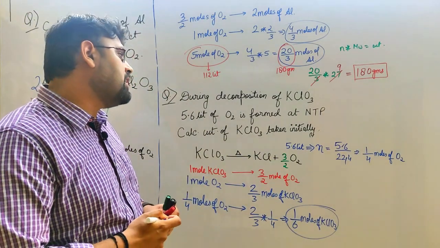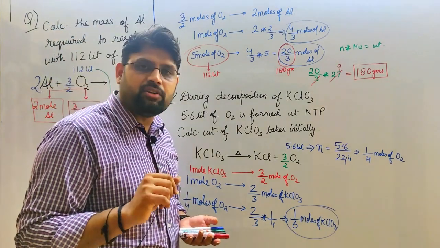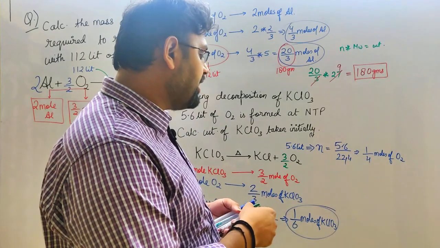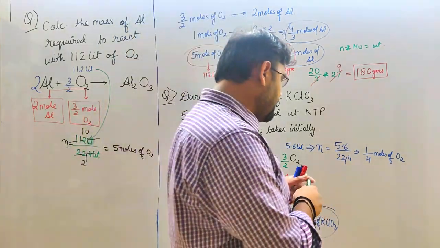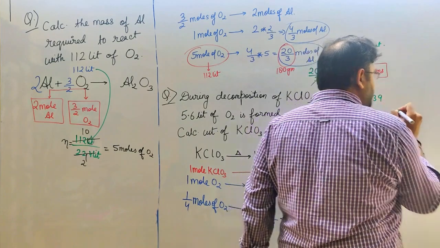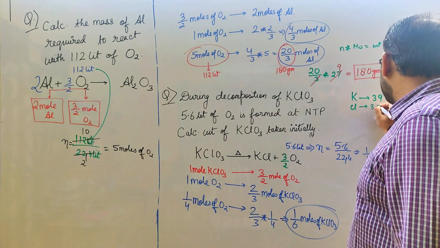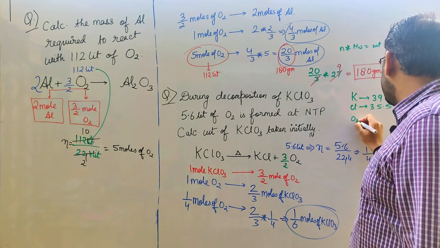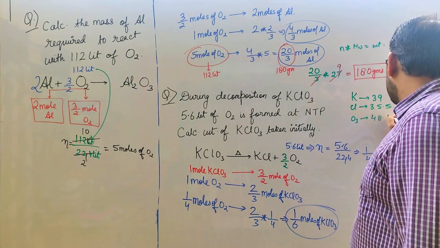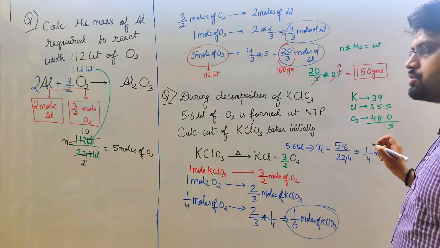Now what is the mass of 1 by 6 moles of KClO3? For that we should know the mass of 1 mole of KClO3. So let's find out. Potassium is 39, chlorine is 35.5 and O3 is 48. Adding all these will give you the molecular weight of KClO3, which corresponds to 1 mole of KClO3.